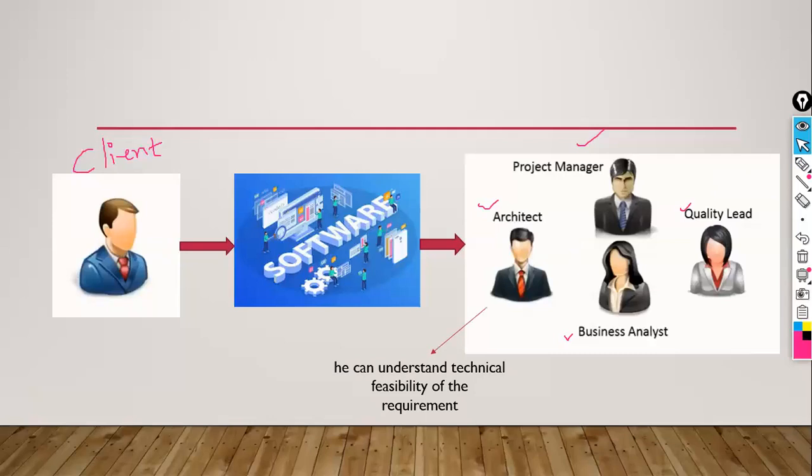This is the client requirement. So the architect is going to understand the technical feasibility of the requirement, whether it is technically feasible or not, whether we can implement this or not. Technically, he's going to think about it.